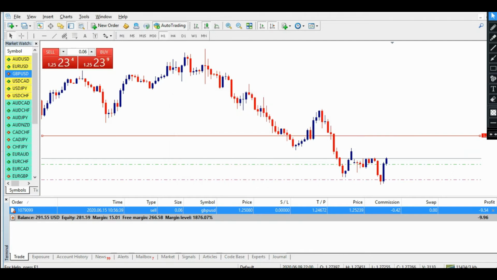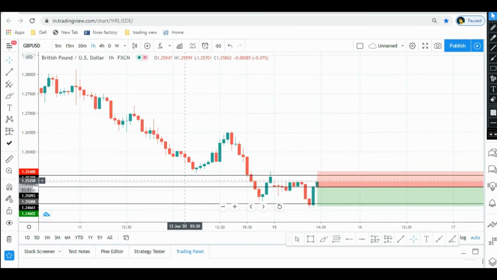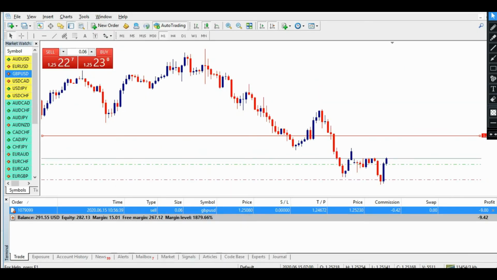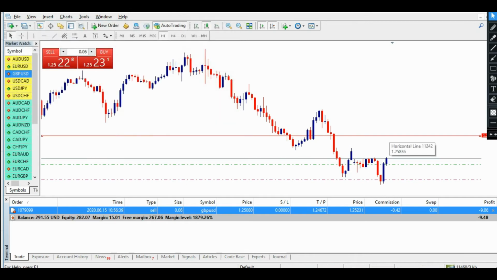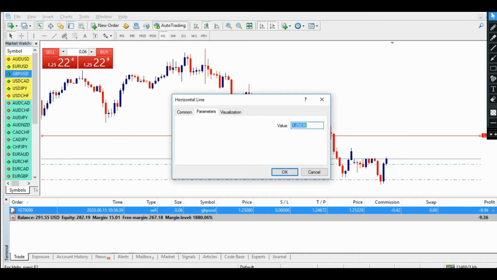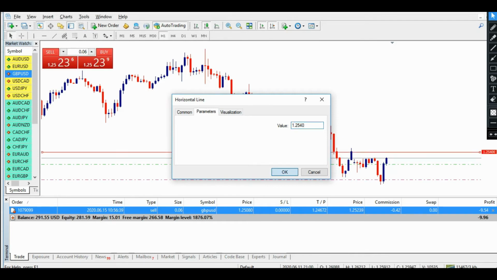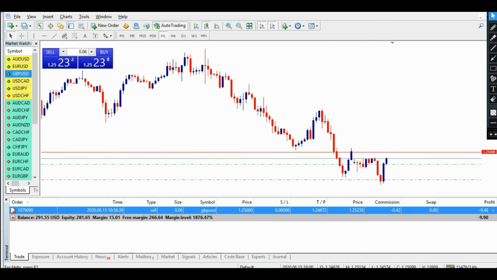No, it's not 25.39. Okay, sorry, 25.39. Let me make it 40. So this is my stop loss area.